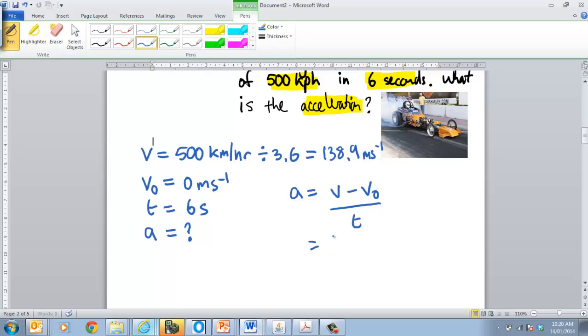Alright, so I'm going to put that value in there: 138.9, take away 0, all over 6. So when I divide that, it's going to give me something like 23.15.